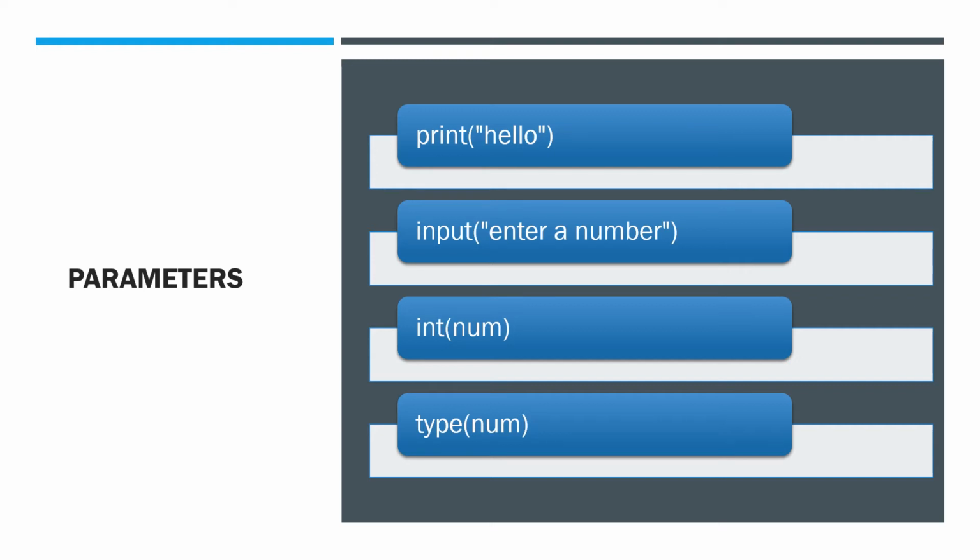The input function has a parameter which is the prompt that is displayed to the user to tell them what to input. Other functions, such as the ones that convert data type or the data type function, can take any expression and convert it to the appropriate data type.